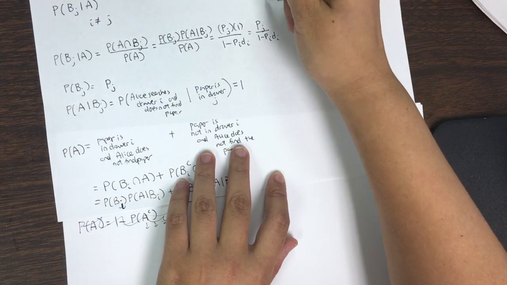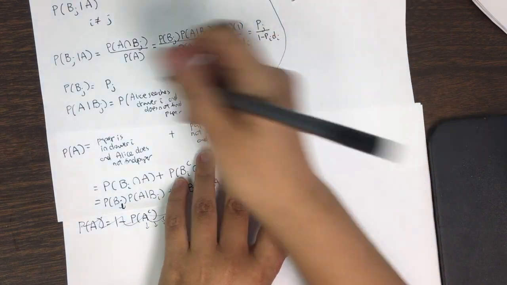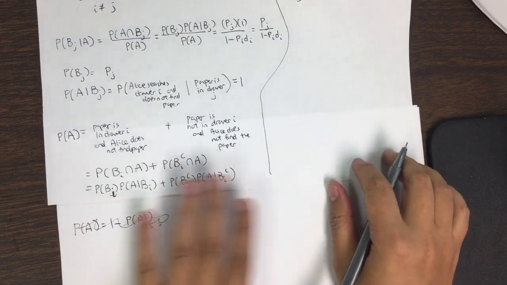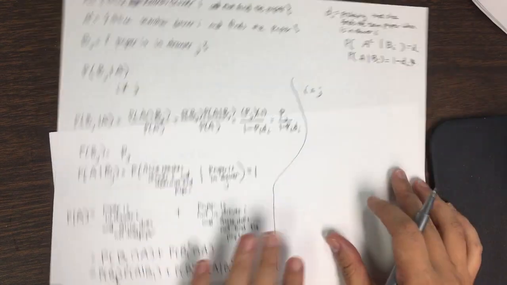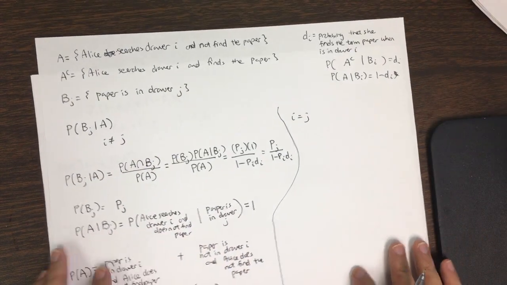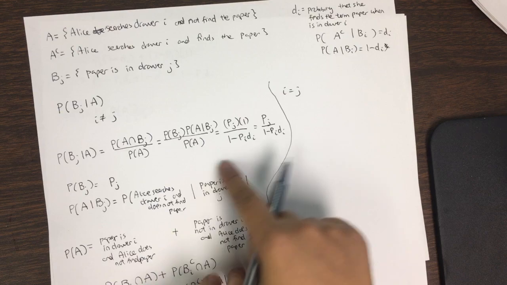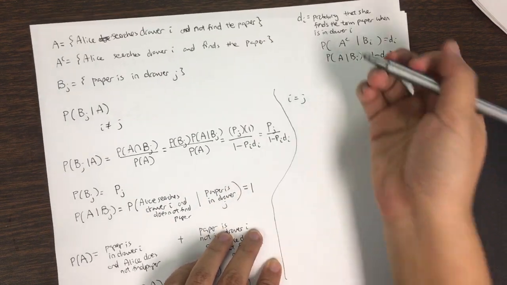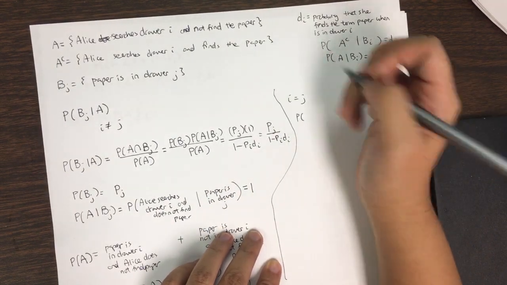The only difference now is that this was the case when I does not equal J. So now consider the case where I equals J. The conditional probability equation is actually very similar.